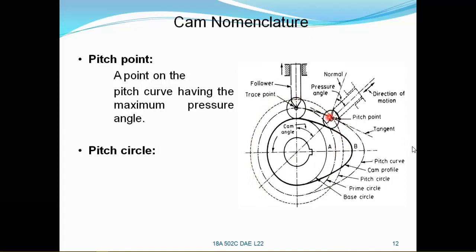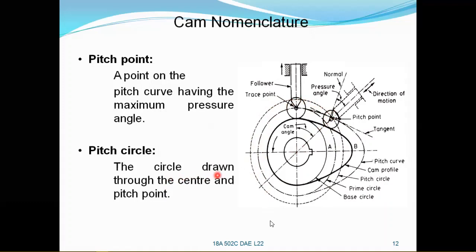If you draw a circle with a radius from the center of the cam to the pitch point, then it is called the pitch circle. So this will be the pitch circle.